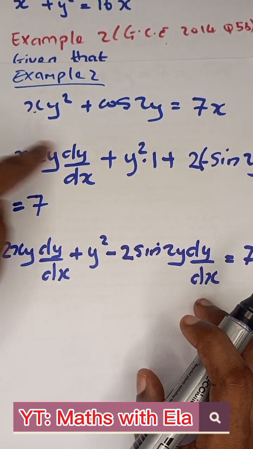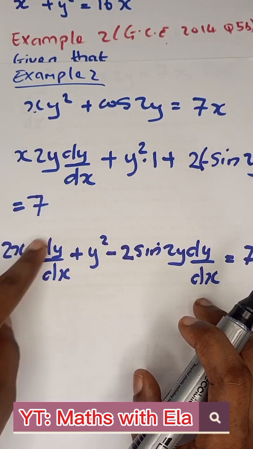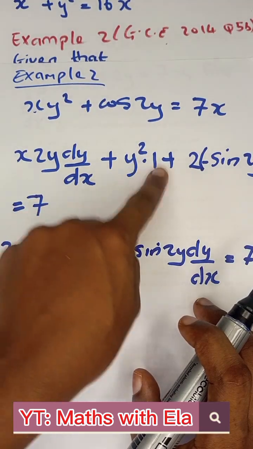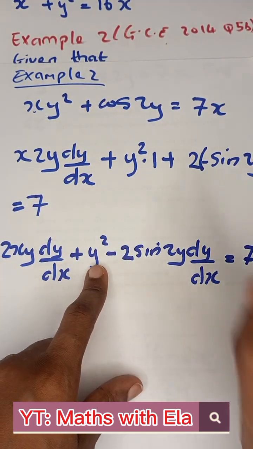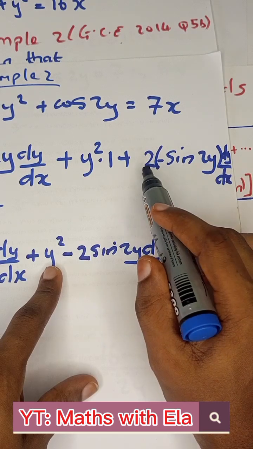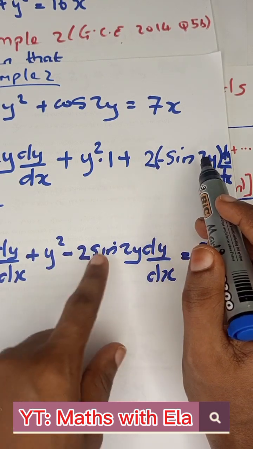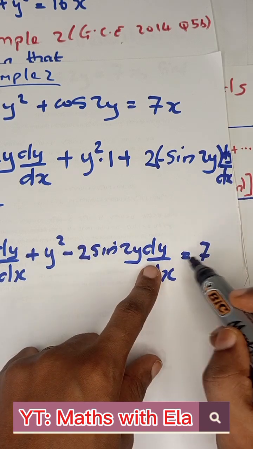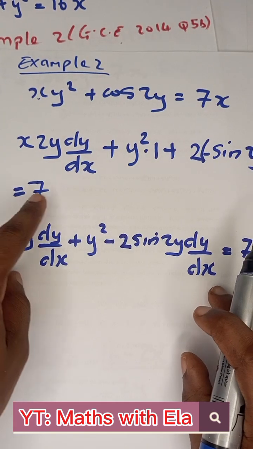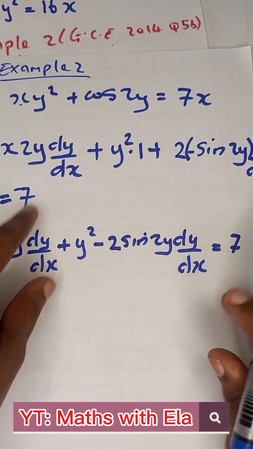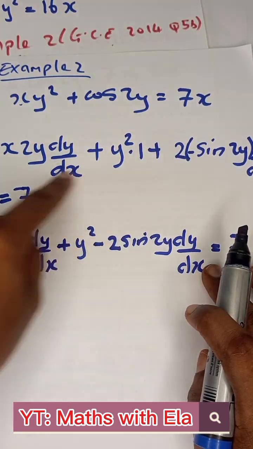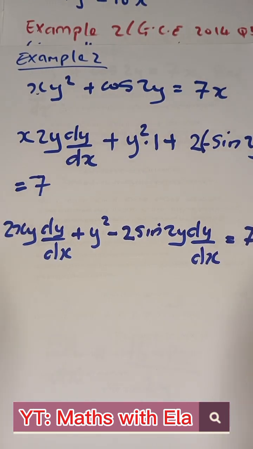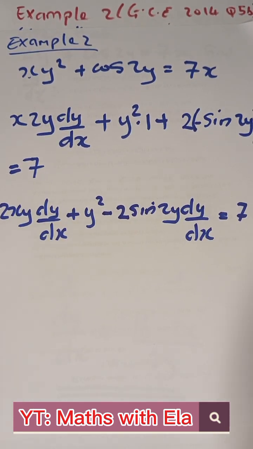So this is 2xy dy by dx plus y squared times 1 gives us y squared. So 2 times negative sine 2y gives us negative 2 sine 2y, then dy by dx equal to 7. So this equation is exactly the same thing here, but rearranged and written out neatly.